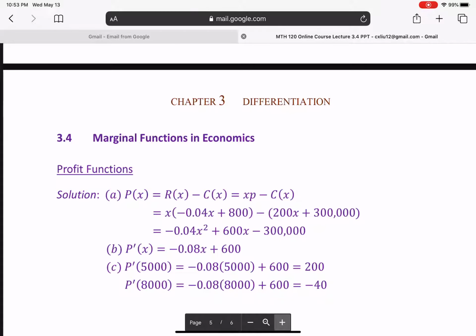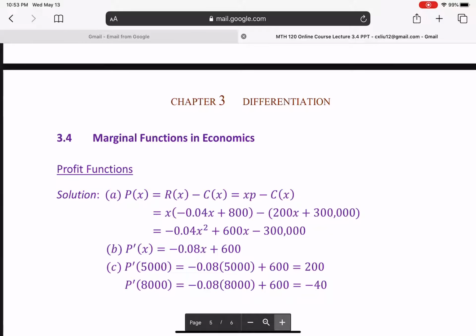And we'll get negative 0.04x squared plus 600x minus 300,000. The marginal profit in question B is just the derivative of the profit. So we got negative 0.08x plus 600.